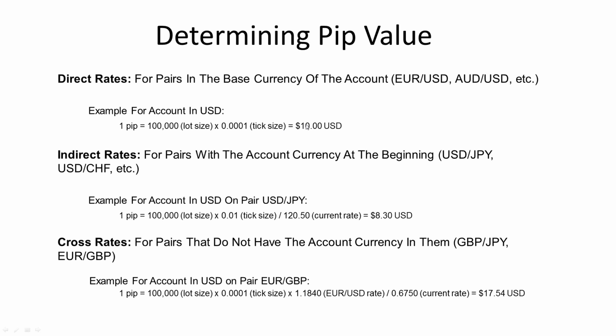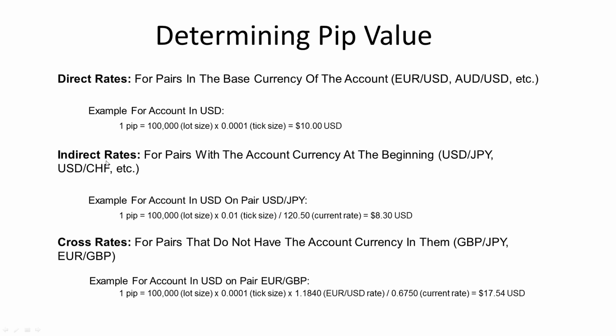And that will be equal to $10 per pip. So dollar-based currencies, or pairs in the base currency, are really easy to calculate. They're always basically going to be $10 per pip per 100,000 contract size that you trade. Okay, so that's easy.